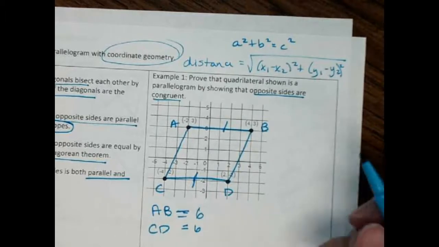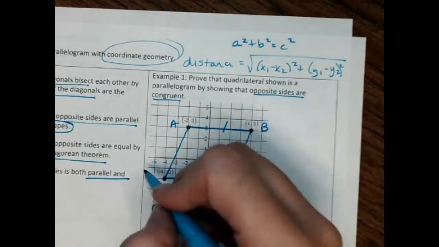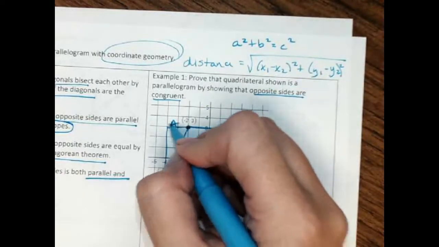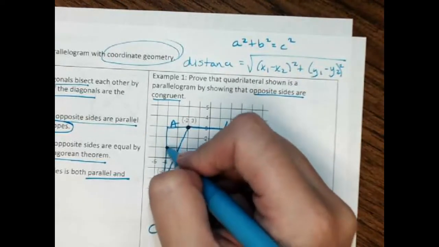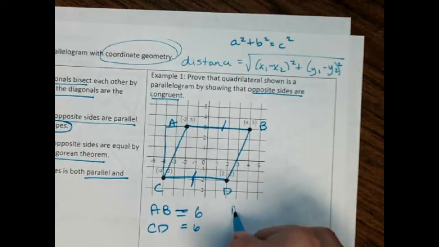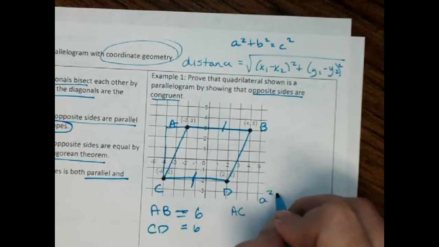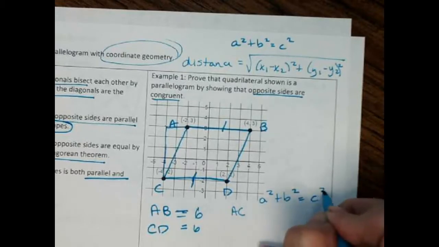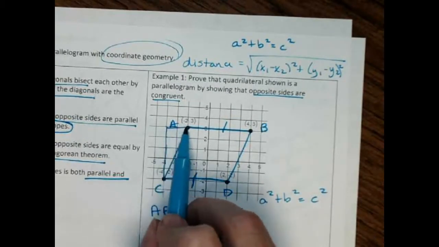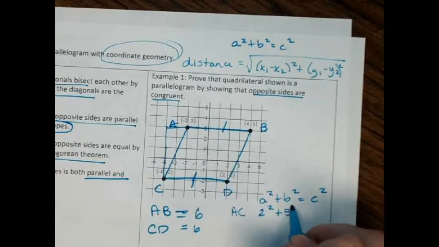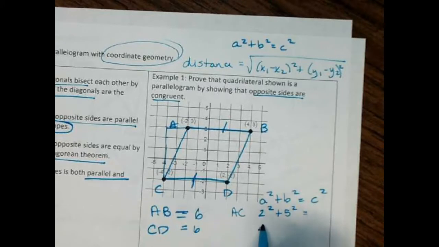Now I can use the Pythagorean theorem on the other ones. I'm going to do this one right here. It's 2 and 1, 2, 3, 4, 5. So for AC, a squared plus b squared equals c squared. This side is 2. This side is 5. So that's 4 plus 25 equals c squared. 29 equals c squared.